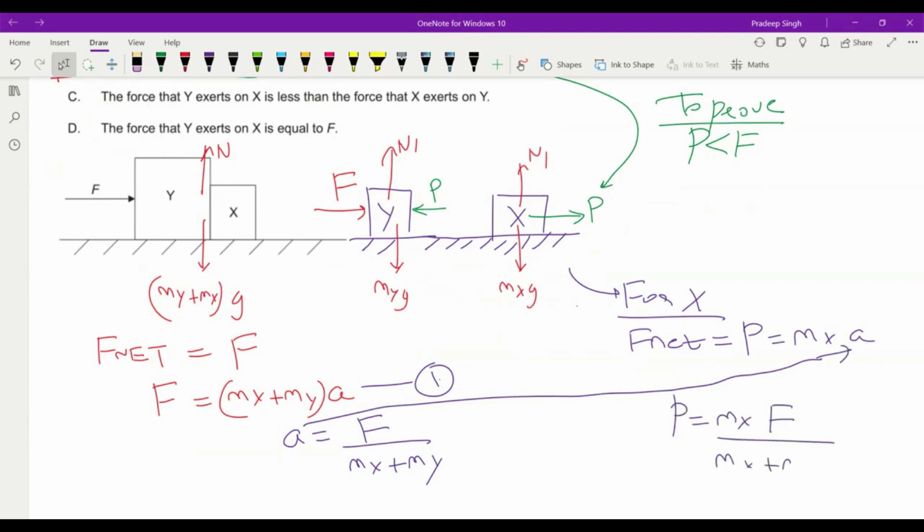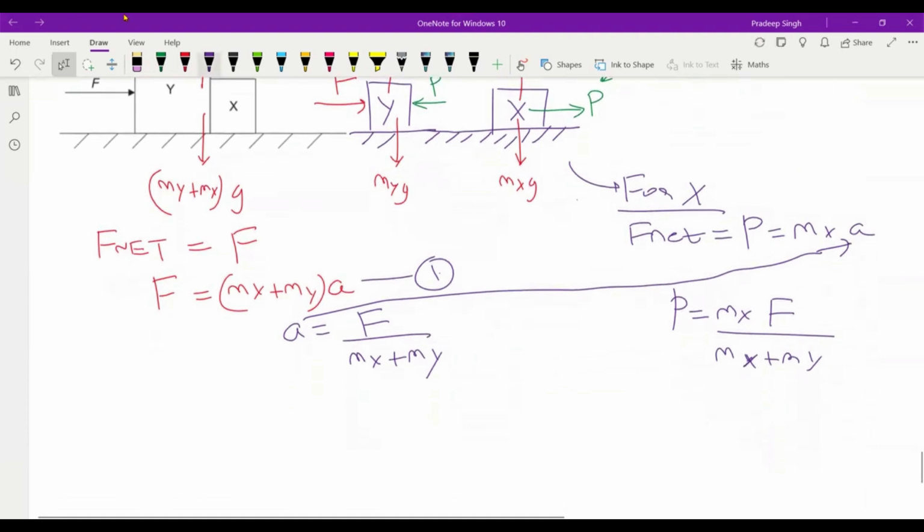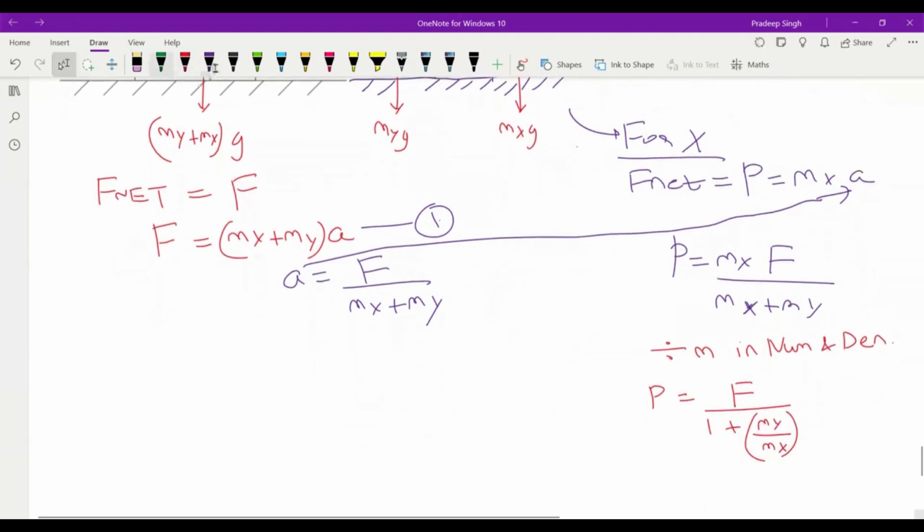Write this down. Okay, so write till this step and see, can we deduce that P is less than F?